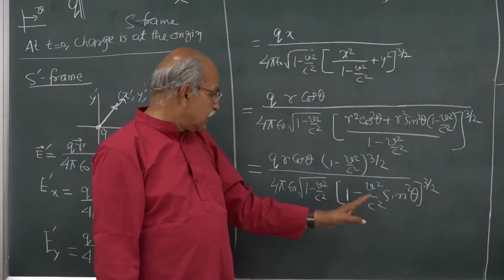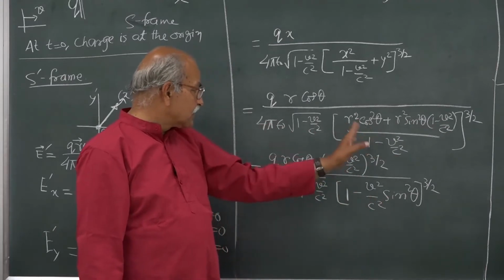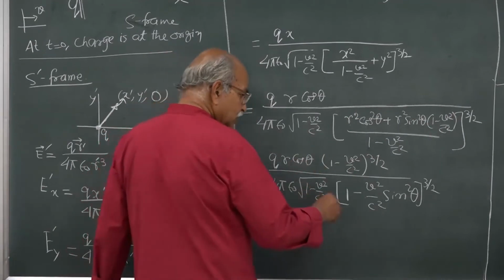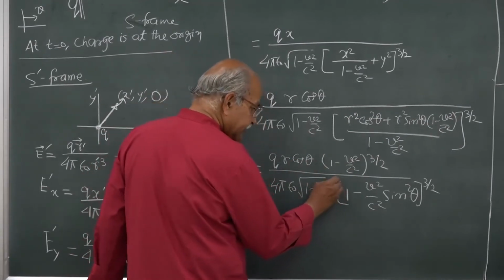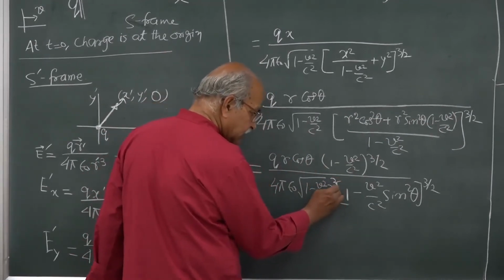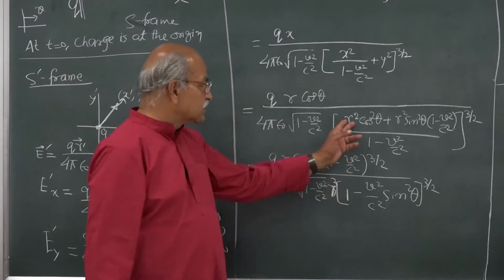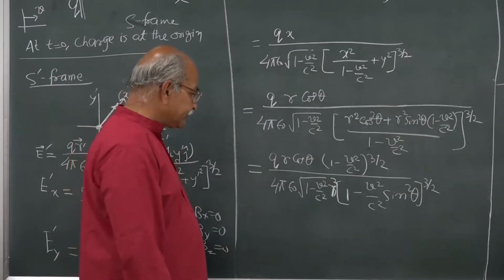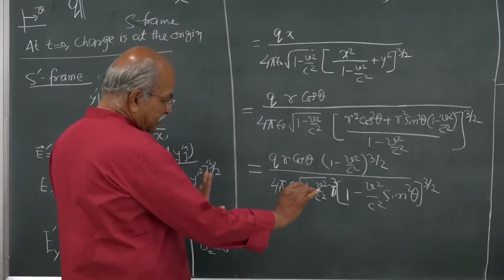So, it is there, and r square is there. So, r square and power 3 by 2 will be r cube. So, that r cube will come outside. So, r cube is here. So, this is it. We will keep it in this form.